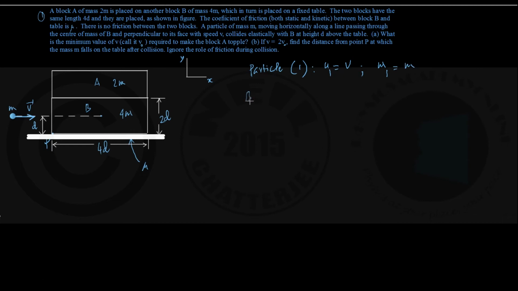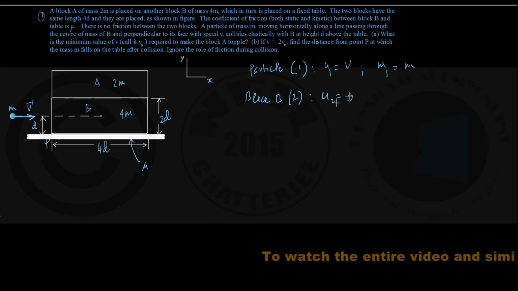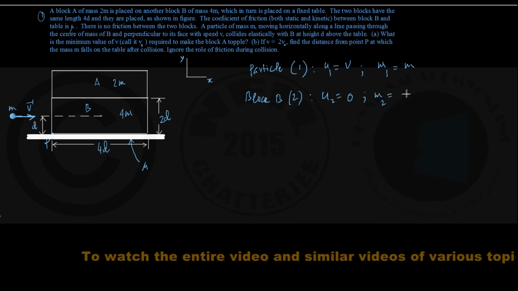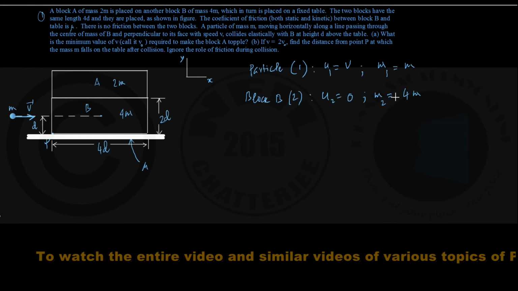And if block B, the other item in this collision, is assigned number 2, then before the collision its initial velocity u2 was 0 because the block B was initially at rest, and its mass m2 is 4m.